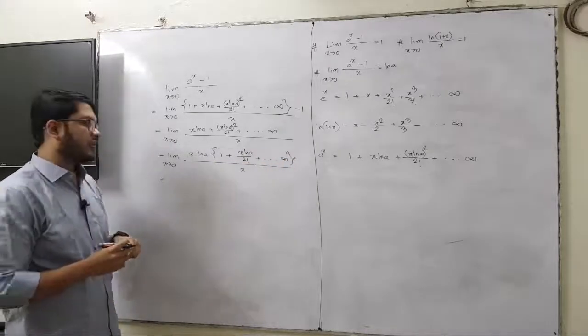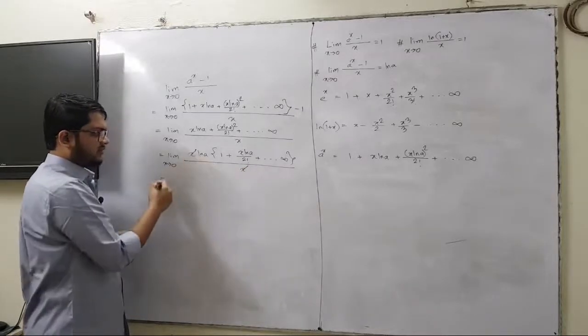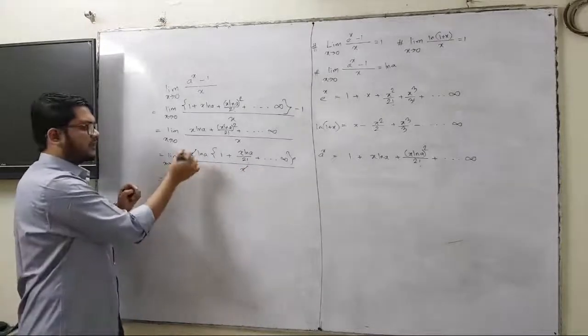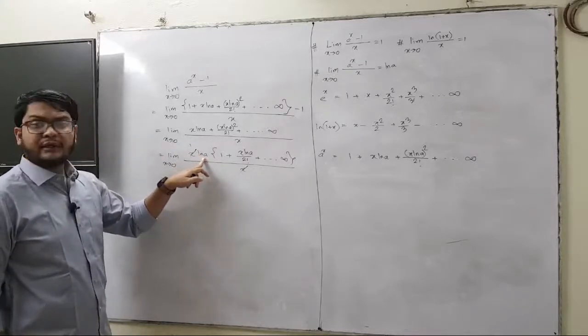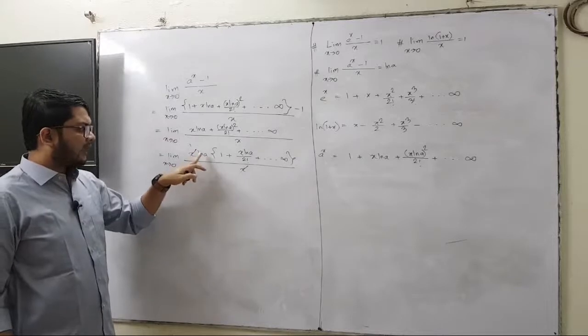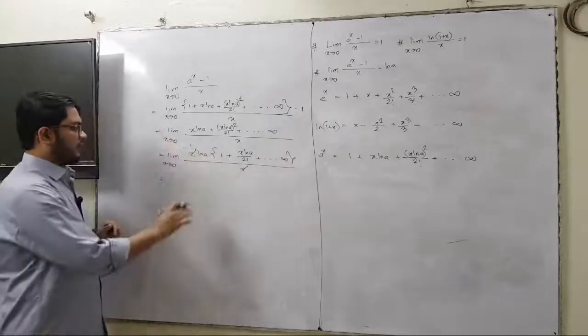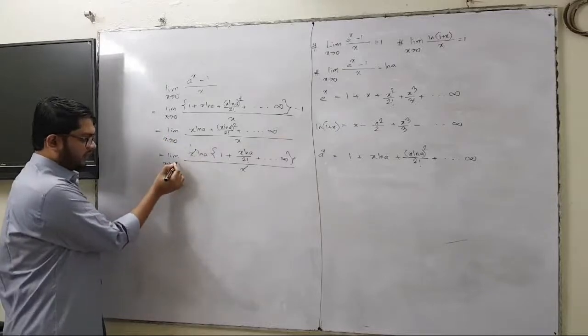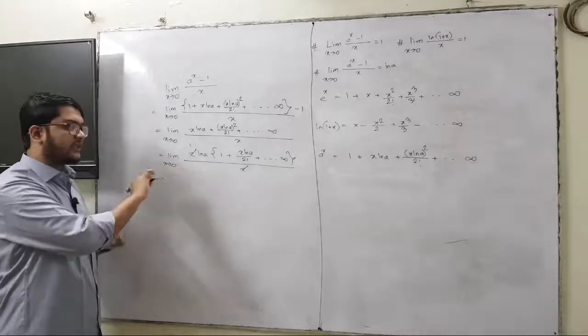So what do you have here? You can cancel out this x with this x. You divide x with x, you get 1 here. So you have ln a here. Now you will multiply ln a with all these terms, but here is the thing. In the limit, x is approaching 0.